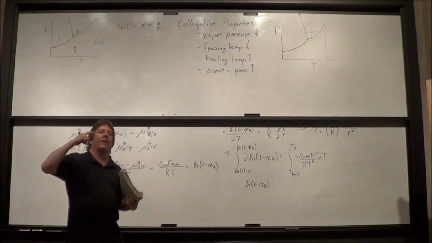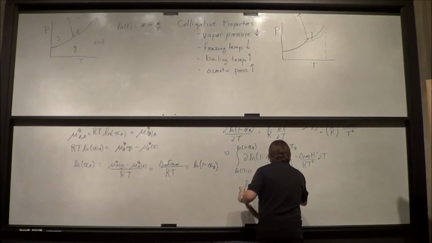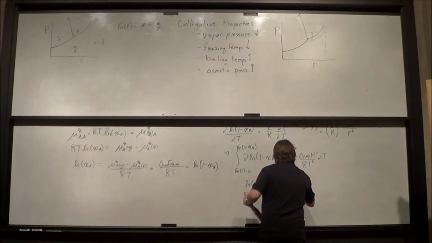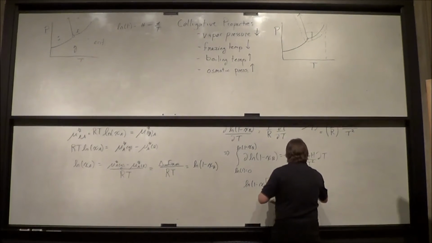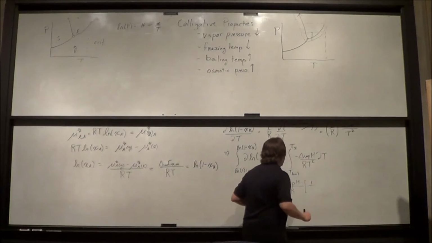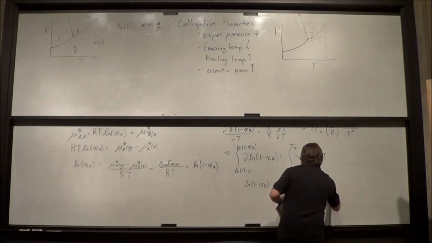Well, I think I heard minus x to the minus 1, that's right. So that makes it positive. Okay, again, forgetting the fact that this is wrong, R, and then I've got 1 over x, and I've got 2 limits, 1 over T2 minus 1 over the boiling temperature.